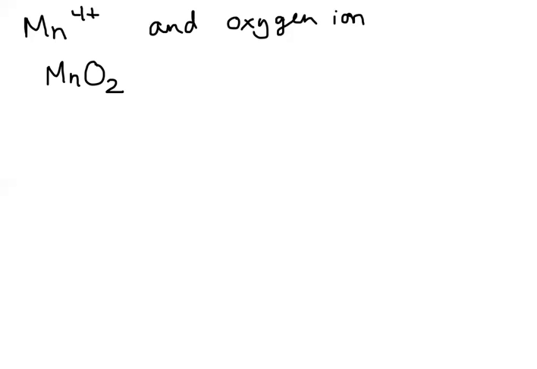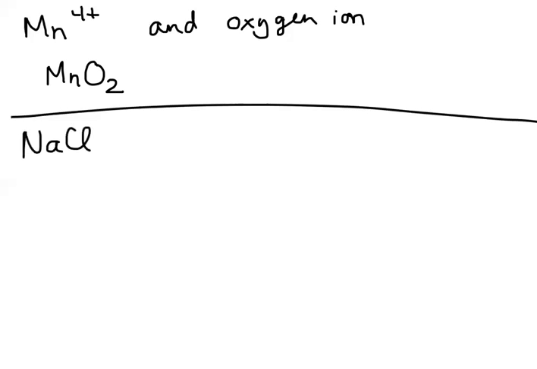So for example, let's take a look at what NaCl looks like on the atomic level. Cl is larger than Na because of its location on the table. So you have a negative Cl and then you have a small Na+.